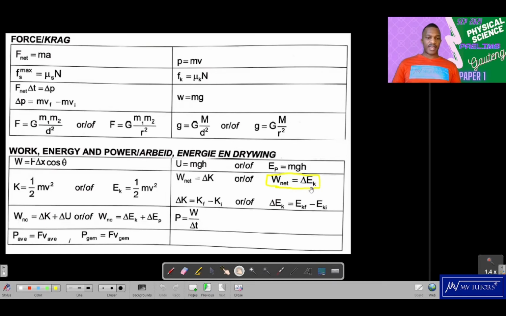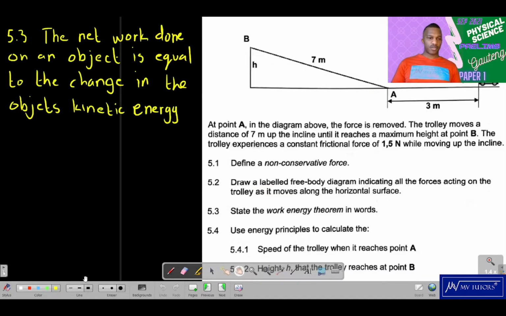But under there, for work, let's just write it down first. Let's do this step by step so that you are absolutely sure what we are doing. This is 5.4.1. First we'll take W net is equal to the change in kinetic energy. I need to rewrite that.